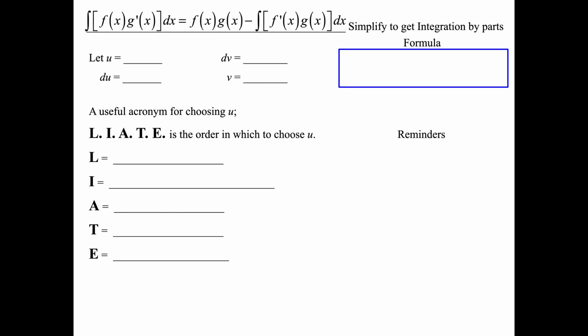So simplifying to get the integration by parts, we shorten all this notation. We're going to let u be just f of x, du will be f prime of x dx, dv is going to be the derivative of the g function dx, and v would be g of x. So we'll label everything up here.